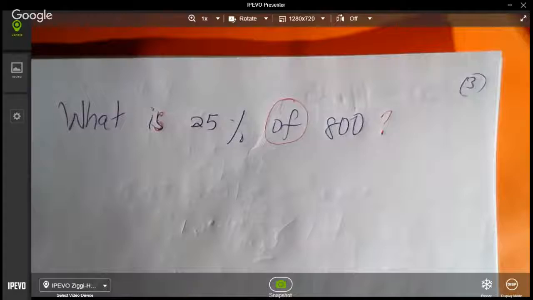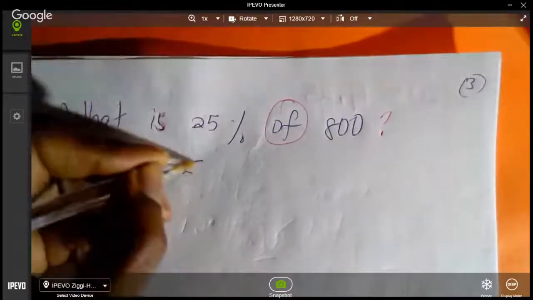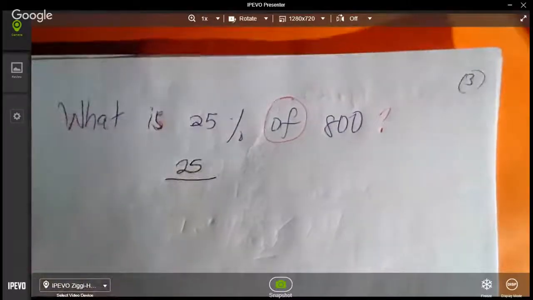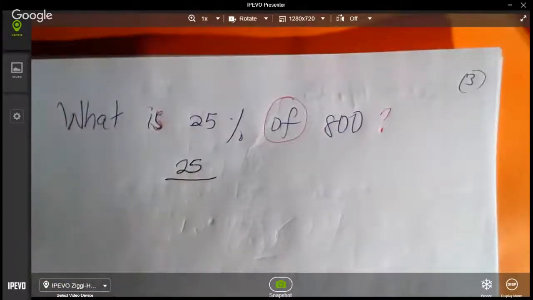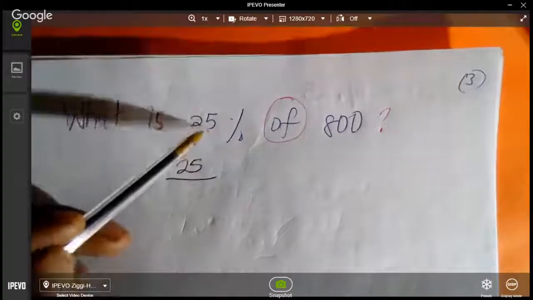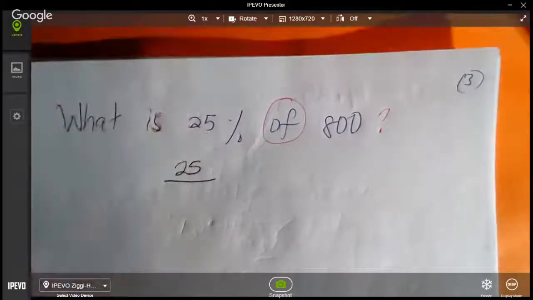So, 25 over 800 times 100. Not correct. Let's go again. Let's express 25% first. What's 25% as a fraction?